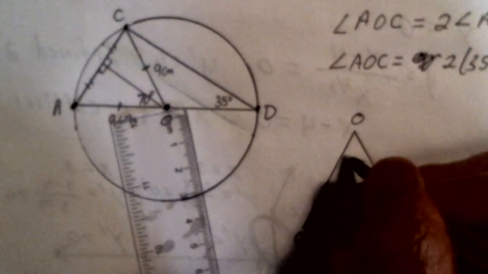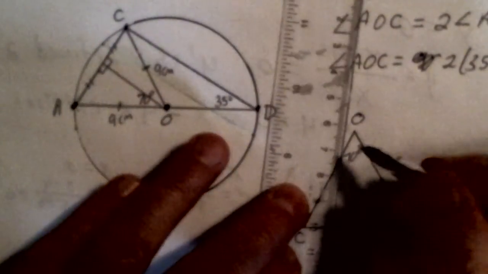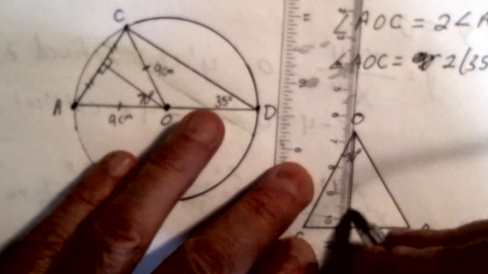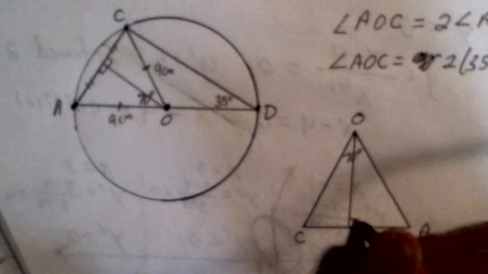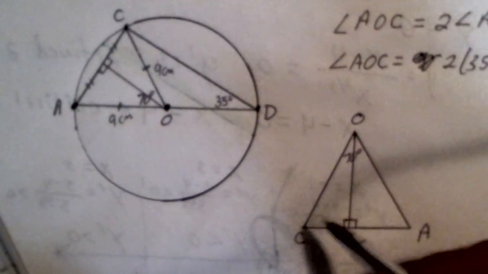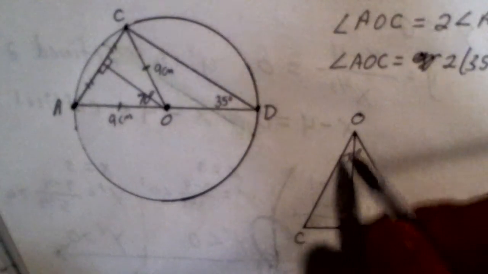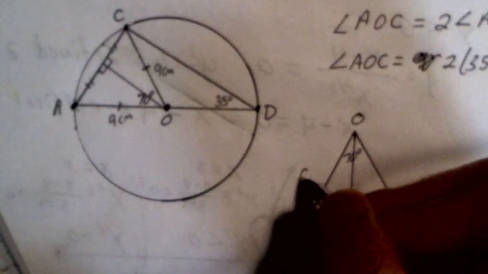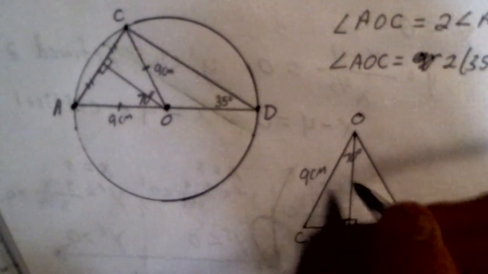This is our 70-degree angle, and we have a perpendicular bisector here. So we have a right triangle here. And we know that this side, the hypotenuse, has a length of 9 centimeters.